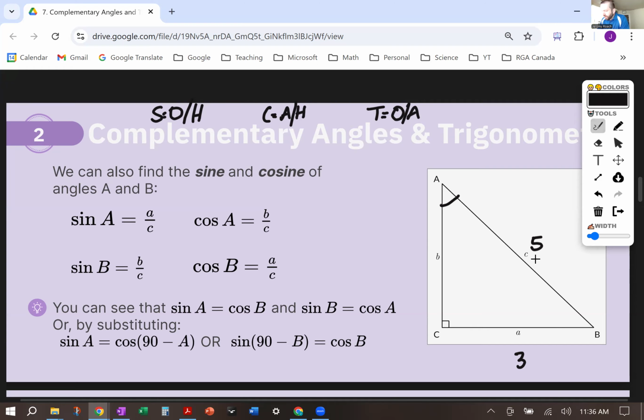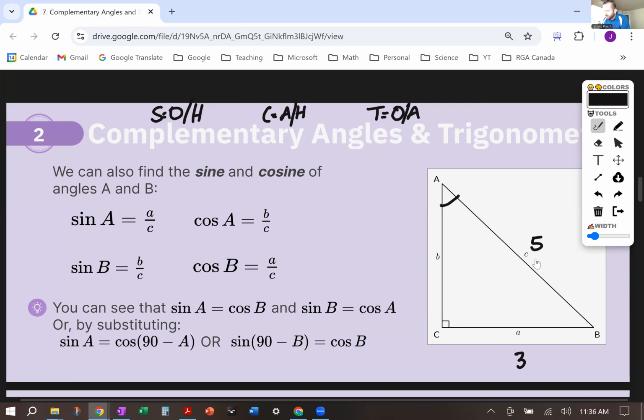So sine of A equals opposite over hypotenuse. Opposite is little a. That's where we get this little a from. And hypotenuse is little c. The hypotenuse is always opposite of the 90-degree angle. So that's how we get this formula for sine A.